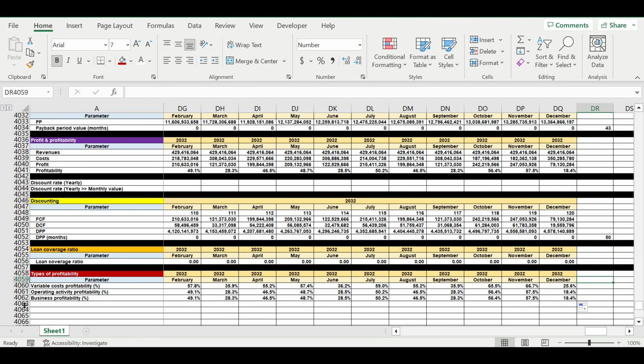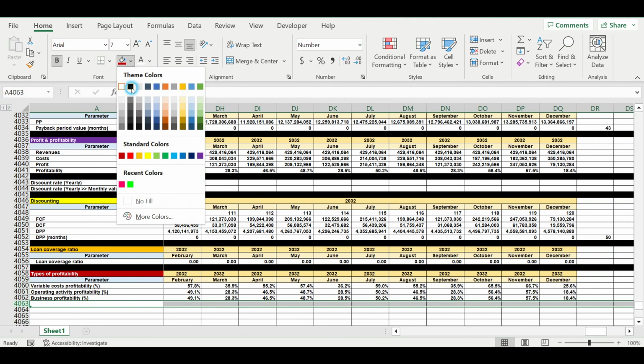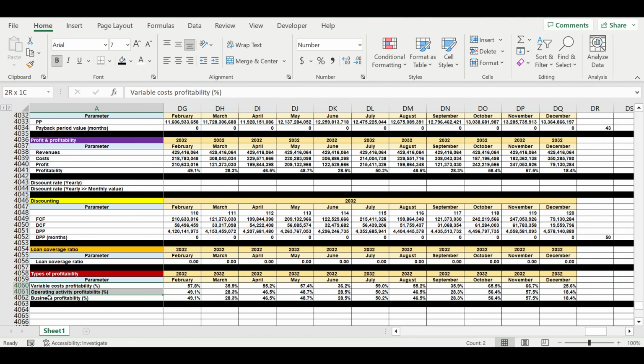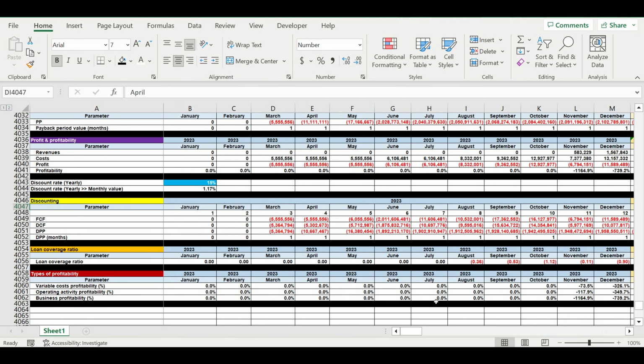So now we are done with these ratios, the types of profitability, and now let's talk about what these numbers mean, because they are extremely interesting.